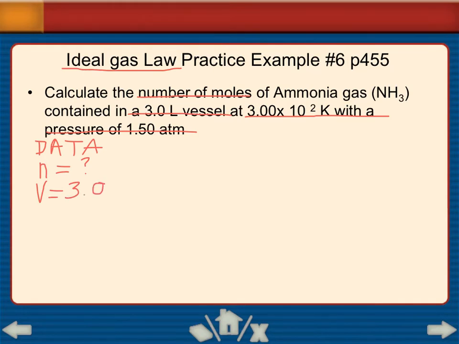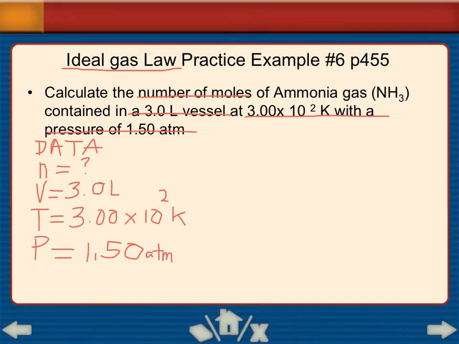Let's collect the data on the left-hand side. N is the number of moles, and that's what we're looking for. V is the volume at 3.0 liters. T equals 3.00 times 10 to the 2 Kelvin, and the pressure given is 1.50 atmospheres.